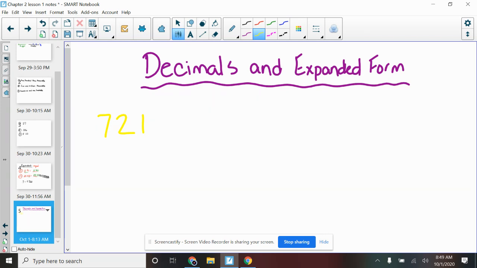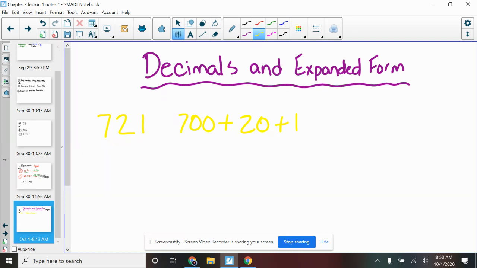Then you would put 700 plus 20 plus 1. Perfect. So Xander has shown us here in his example how I would take a number that's just whole numbers. These are whole numbers, right? And how I would make that in expanded form with whole numbers. So today's activity is to figure out how would I do it if I had decimals.